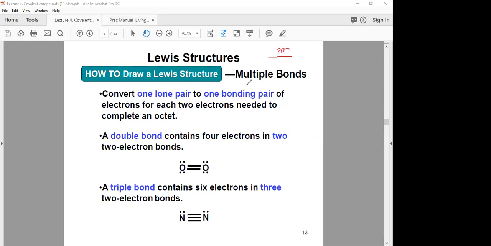But there are lots of examples of molecules that consist of multiple covalent bonds. The most common ones that we encounter are double covalent bonds and triple covalent bonds. Let's look at why these are required, why they're necessary in some molecules.